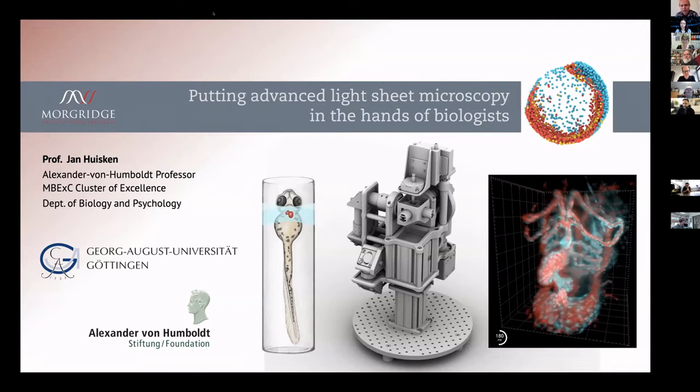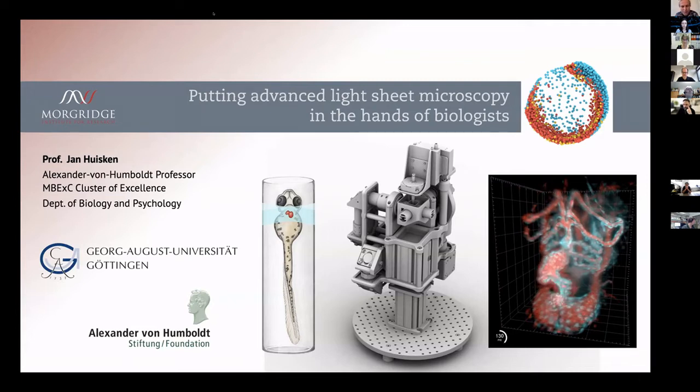And then he joined Didier Stainier's lab at the University of California, San Francisco as a postdoc. And then I was privileged to work with Jan for 6 years at the Max Planck Institute of Molecular Cell Biology and Genetics in Dresden, where Jan was the research group leader. Then Jan moved to the US, to the University of Wisconsin, where he was head of the Department of Medical Engineering in the Morgridge Research Institute.